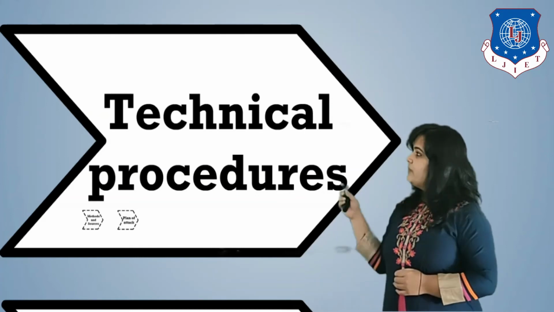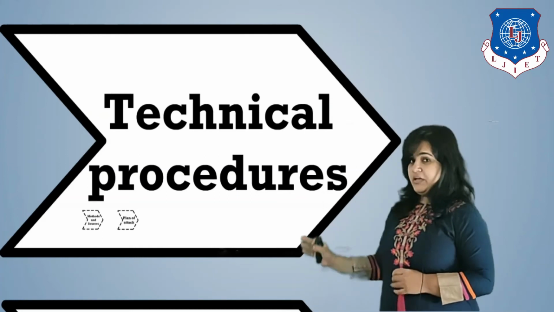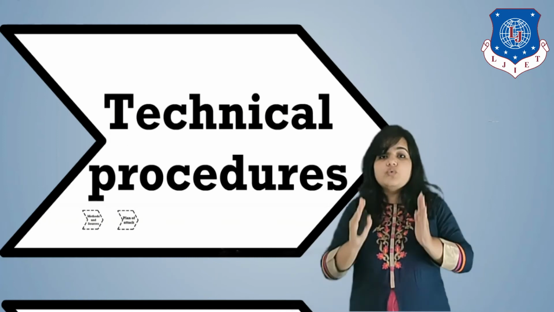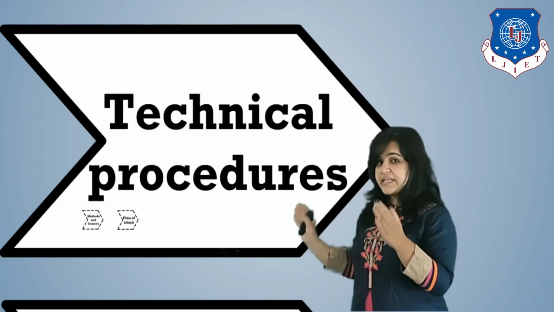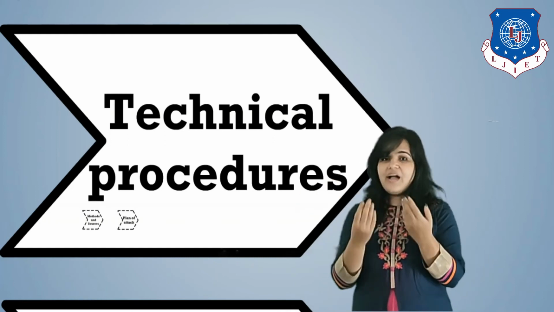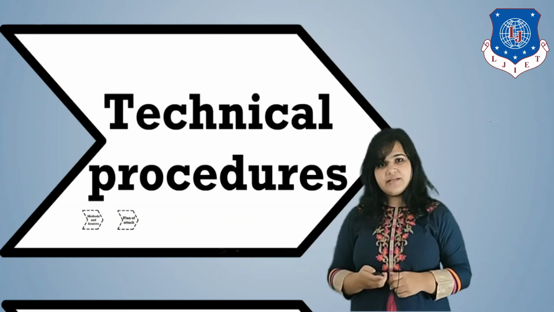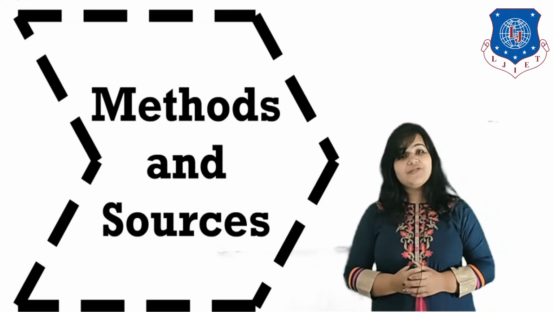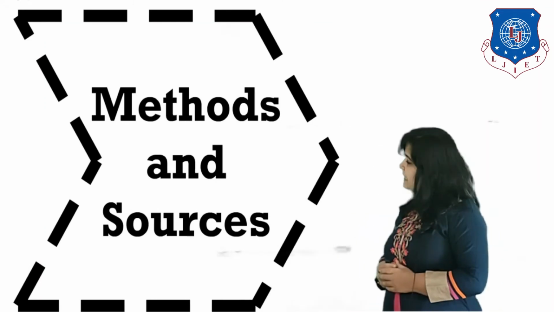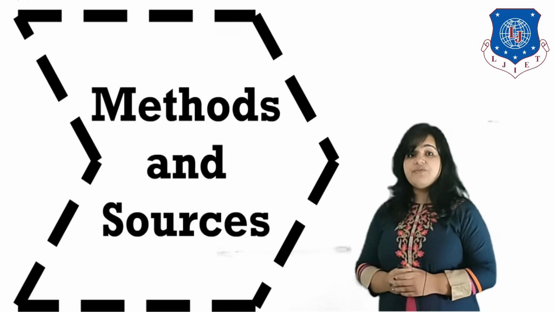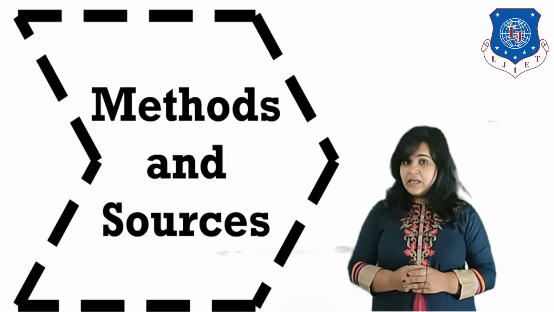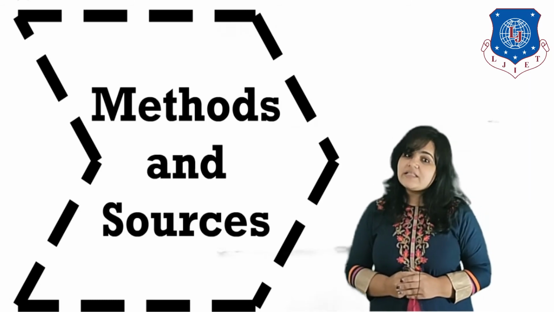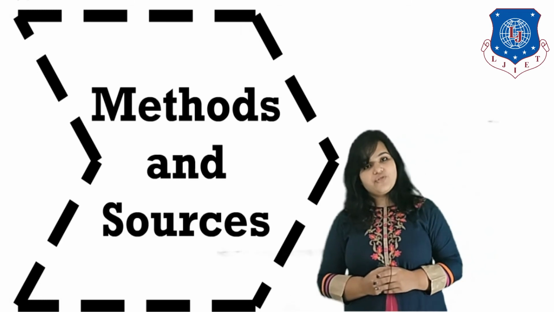Okay, you will specifically mention the processes used for completing the said proposal. How I will complete this task. For that, you need to mention the methods and sources. What are your methods? And if you are doing any research, then how you will access the information required for that research.